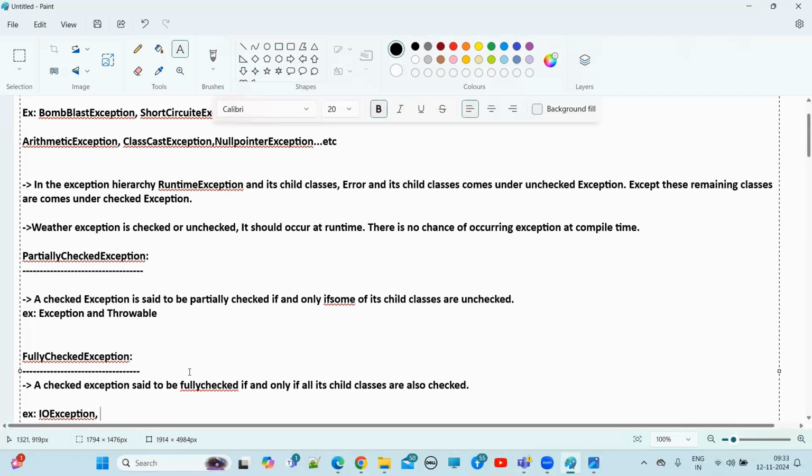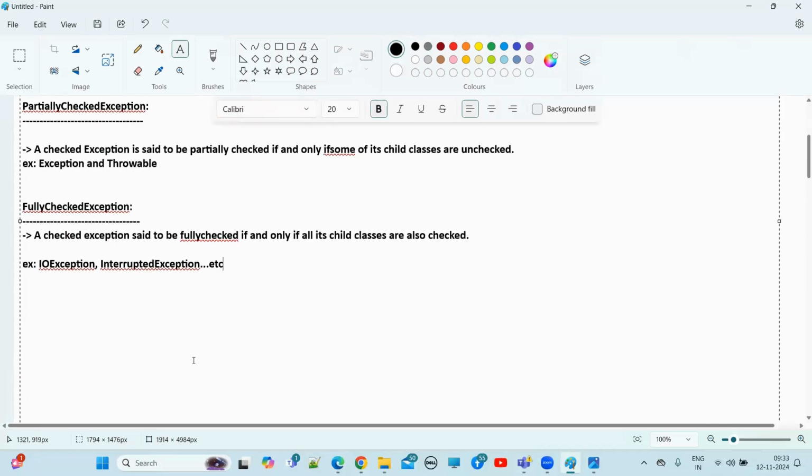Next, InterruptedException, guys. InterruptedException is also a fully checked exception. Clear? Guys, clear, everyone?